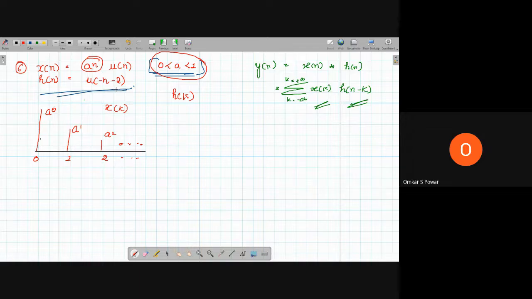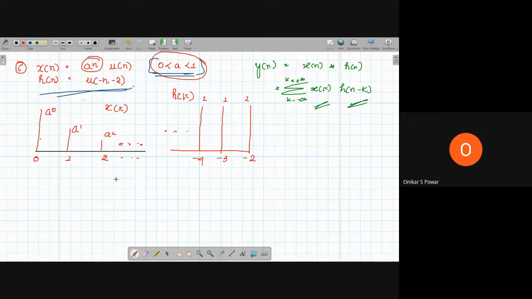Normally, how do you start this one? 2, 3, 4, like that, right? So here it is minus of minus n minus 2, so it will be like this. This one will be minus 2, minus 3, minus 4, and the magnitude will be 1. So this will be your h of k.